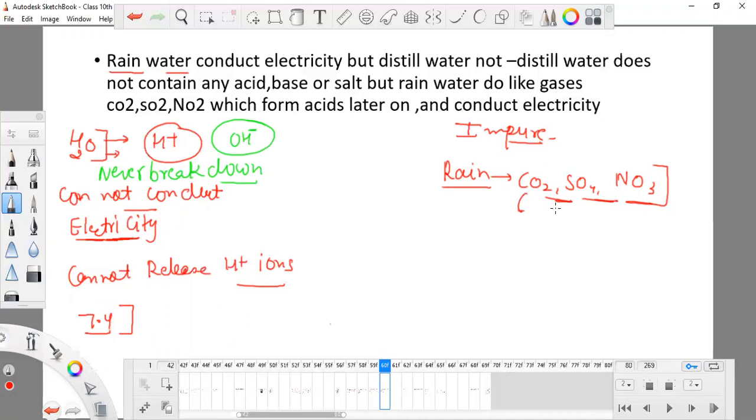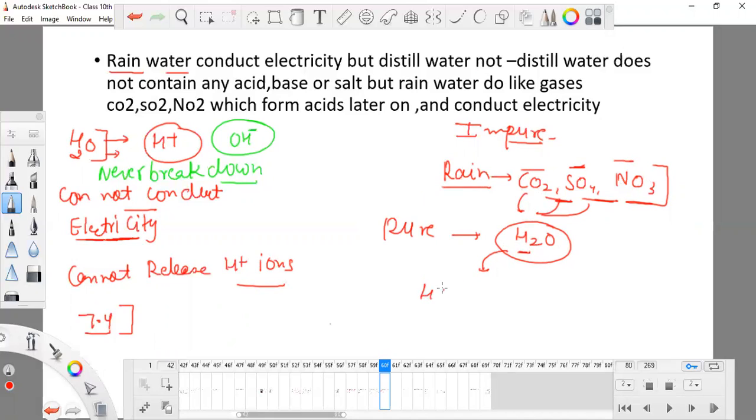When all of them come in contact with water, water comes from the sky, and these gases are previously present in our atmosphere. When pure water comes in contact with these gases, they will convert pure water to acid.